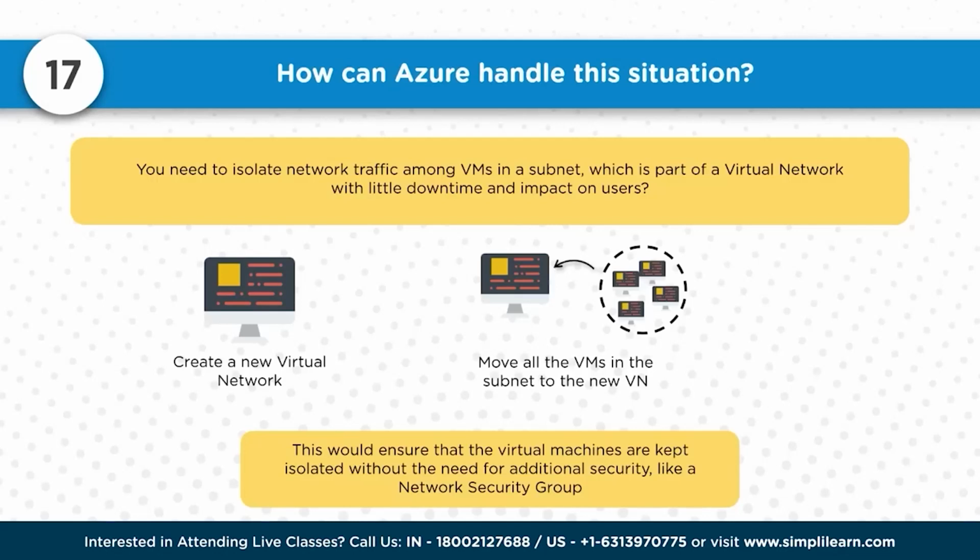But here in Azure, I can simply move the VMs from one subnet to another virtual network without needing any additional security like a network security group. I can simply isolate them by creating a new virtual network and moving the servers to it.